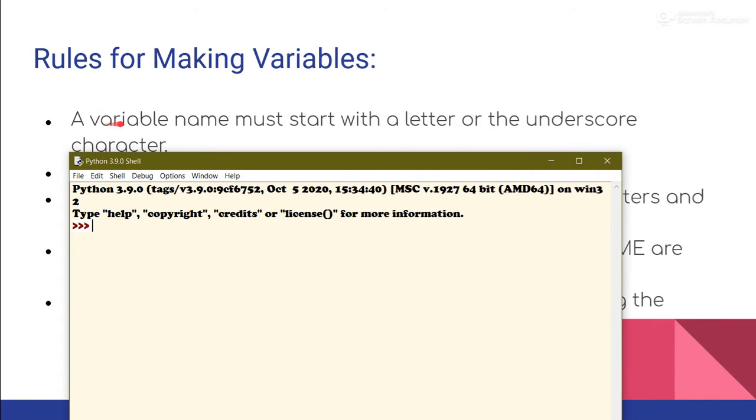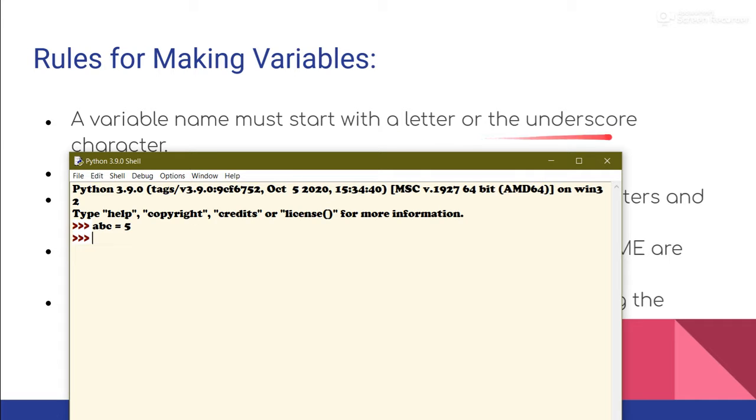Now the rule says a variable name must start with a letter or the underscore character. So let's try to start with a letter. Let's say abc as a variable name is equal to anything like 5. So this is accepted. We are starting this variable name with a, which is nothing but a letter, which is fine. We can also use capital letters if we want to.